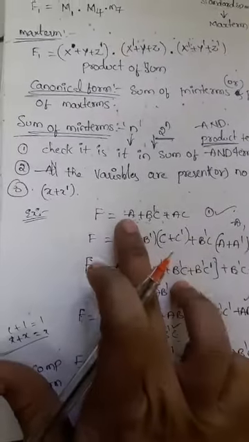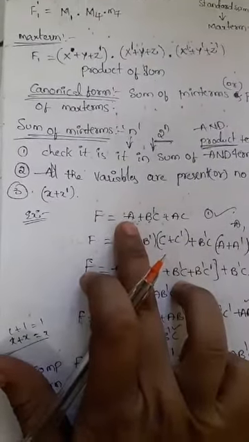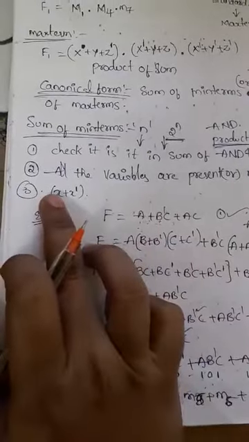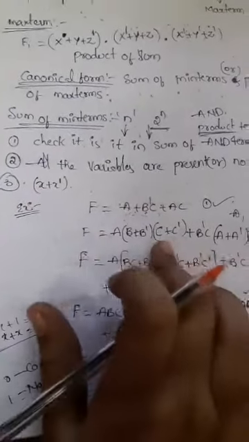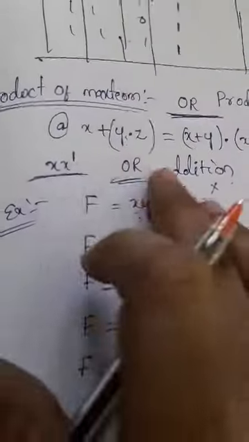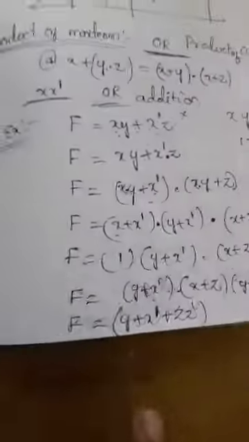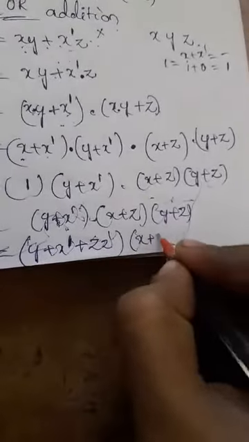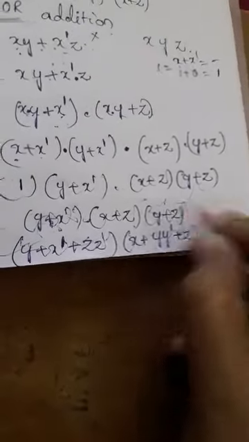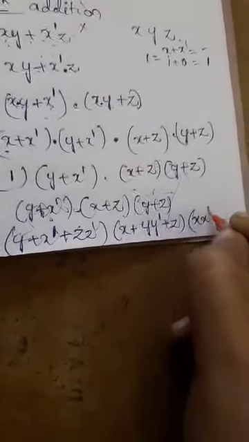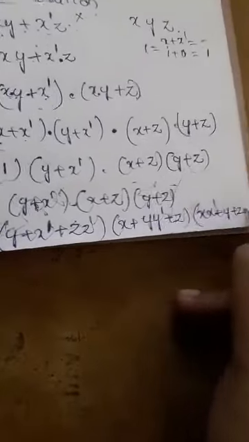Here b and c are not there, so directly I will go for b plus b complement and c plus c complement. And the next one is x plus, here y is missing, so y into y complement plus z. Next, in the third term, x is missing, so x into x complement plus y plus z.